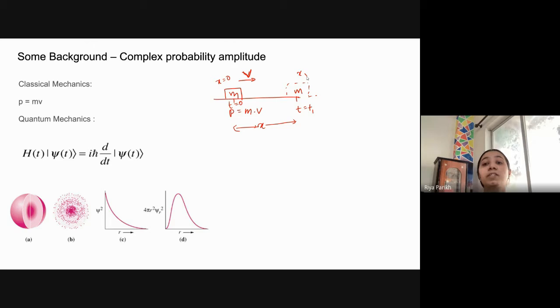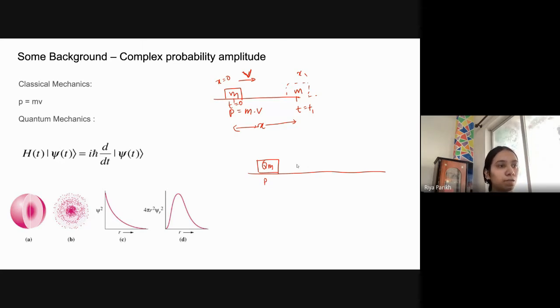But in quantum mechanics, it's not so easy. So imagine that we squish this mass so small that we come to a quantum level. So it's very tiny. It's a quantum mass now. And now it has some momentum p.